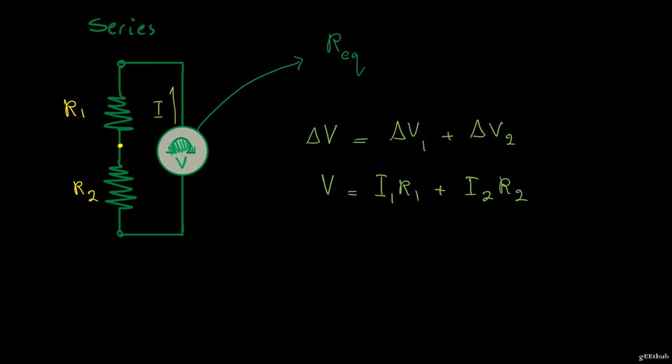And then I can say next that there's nowhere for my current to escape, so I1 must equal I2. There is no alternative path for I to escape. So now I'm going to say V is equal to I R1 plus I R2, and then I'm just going to factor out.